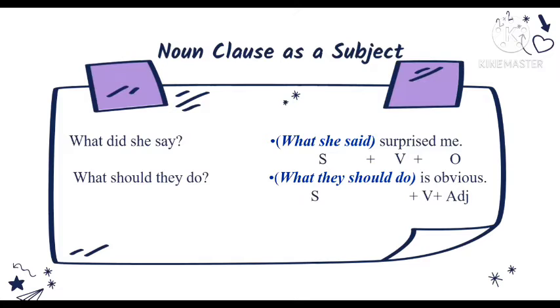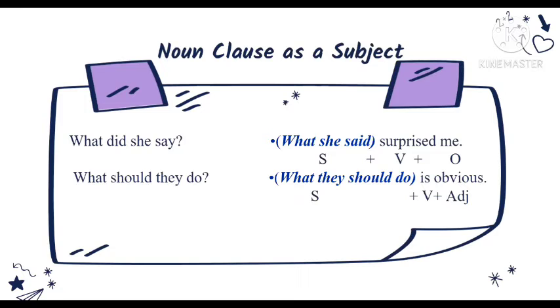What she said is a noun clause as a subject. If we analyze this noun clause, it consists of a question word, subject, and verb. And this is the main verb of the sentence, surprised, and me as an object.